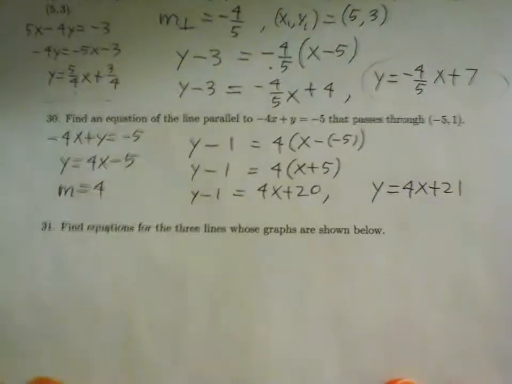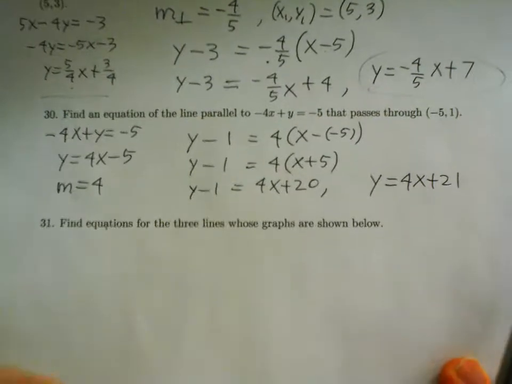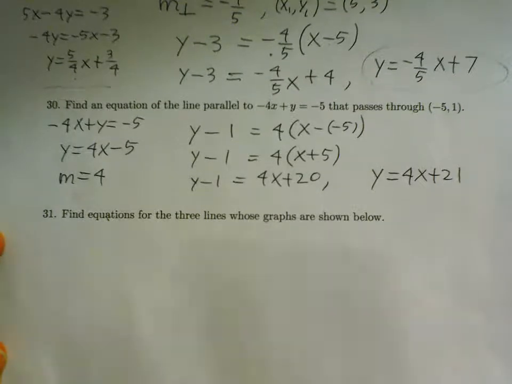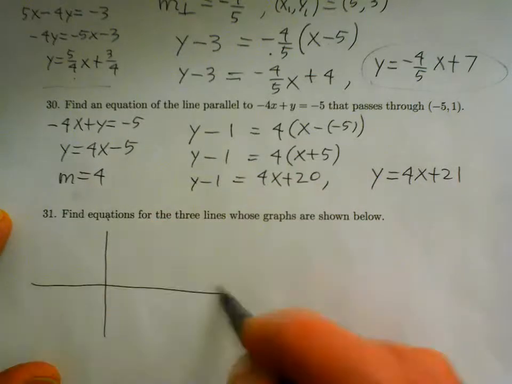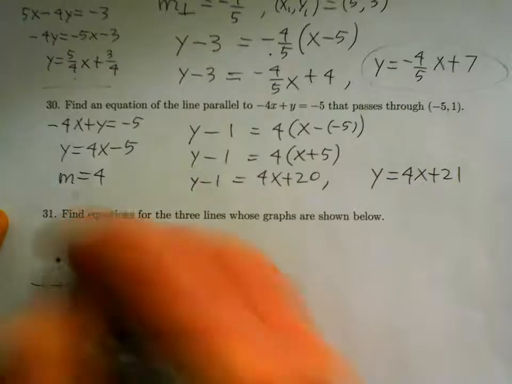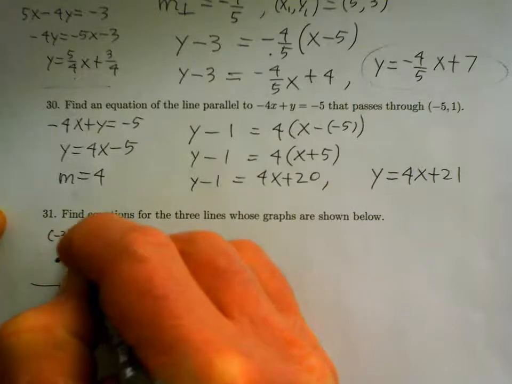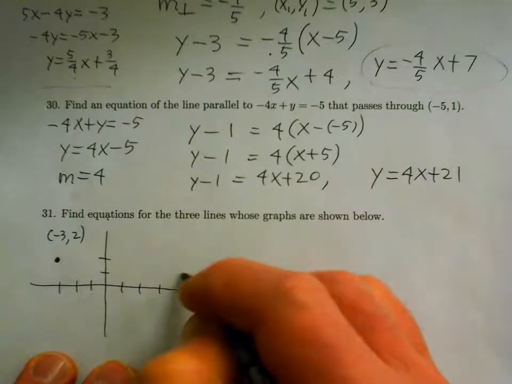Well, number 31, find the equations for the 3 lines whose graphs are shown below. I guess I should take this problem out or put 3 graphs there. We have a little over a minute. I'll just plot a couple of points. (-3, 2), and say (4, 1).